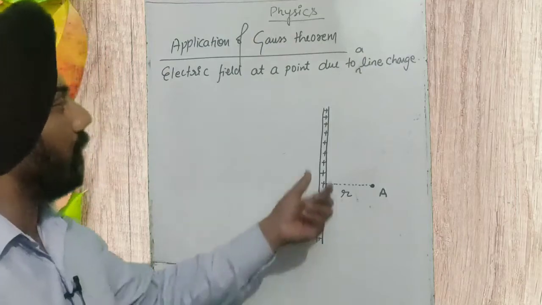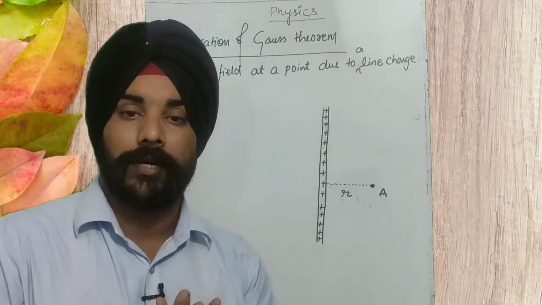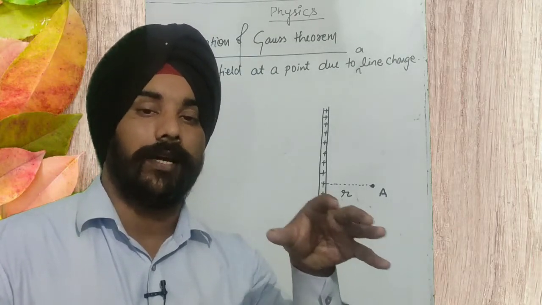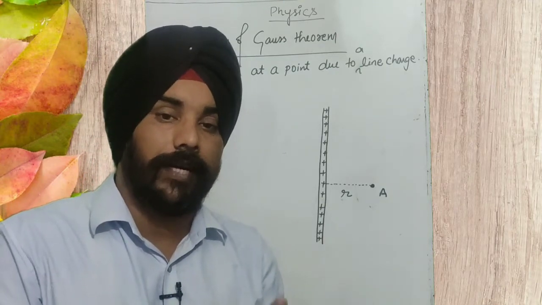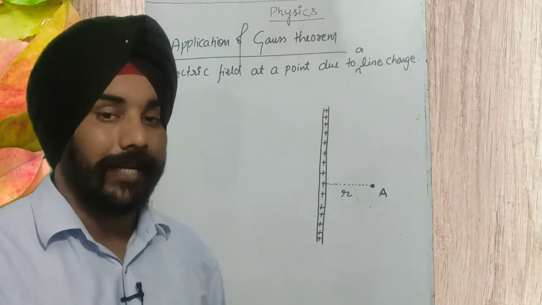Like I've told, charge is given to a wire, and the wire is cylindrical in shape. So if the wire is cylindrical in shape, the Gaussian surface that we are going to draw, passing through the point where the electric field is to be calculated, must also be cylindrical in shape.